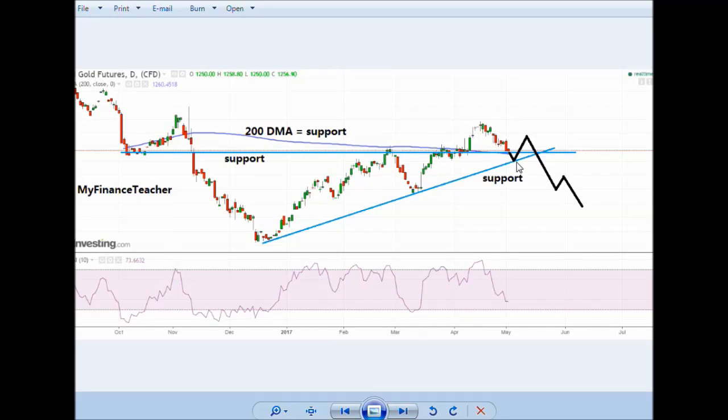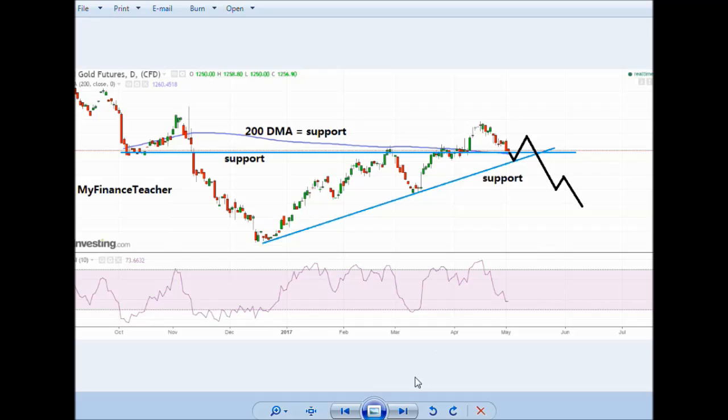So either the support levels on the daily cycle take precedence and gold continues its decline over the next several days and gives us a bounce, then continues its decline, probably gives us another bounce from the level of 1200 and continues its declining phase.